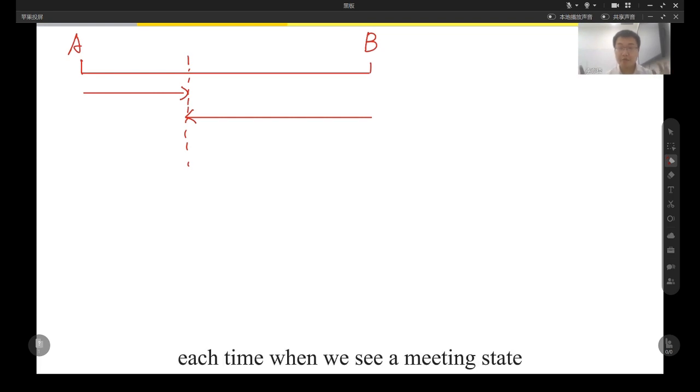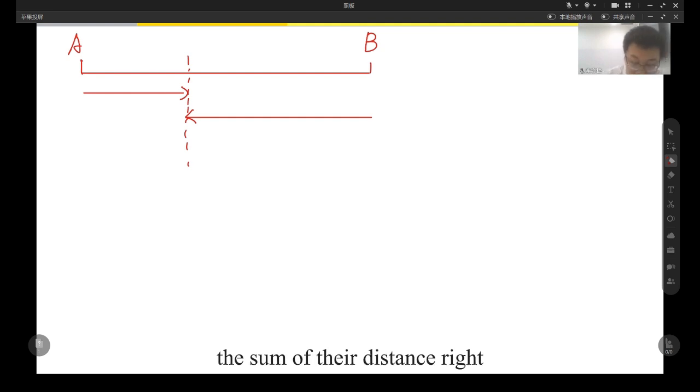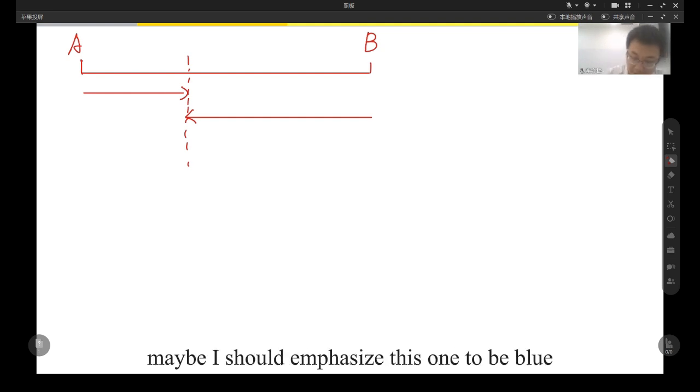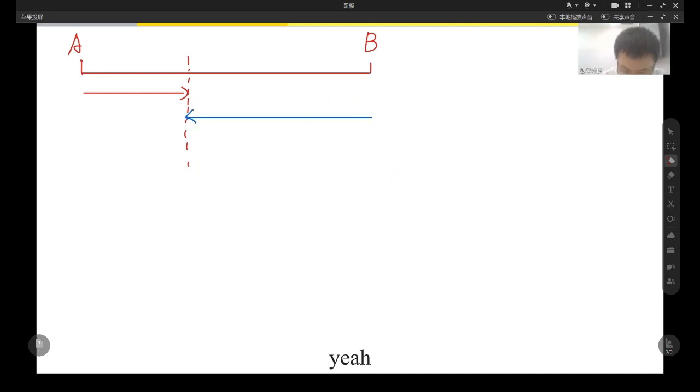Each time we see a meeting case, we should always study the sum of their distances. Maybe I should emphasize this one in blue, to be more accurate.